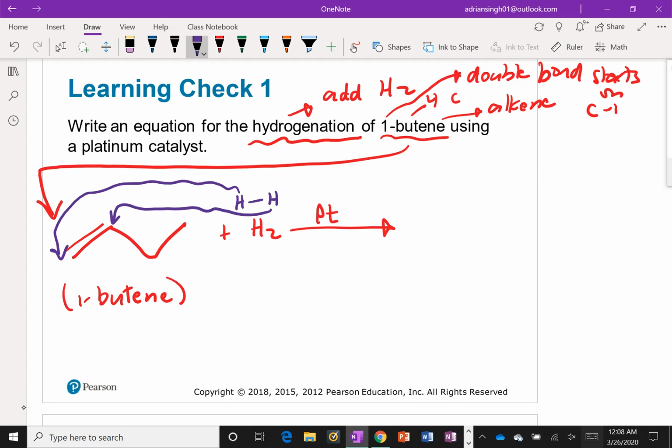So we then just simply convert that double to a single, and we end up with the corresponding alkane, 1, 2, 3, 4. And that 4-carbon alkane is butane. Right, so when you hydrogenate an alkene, you end up with the corresponding alkane.